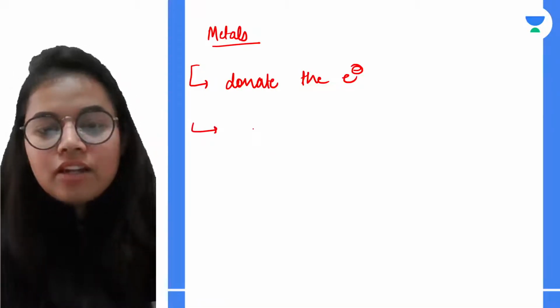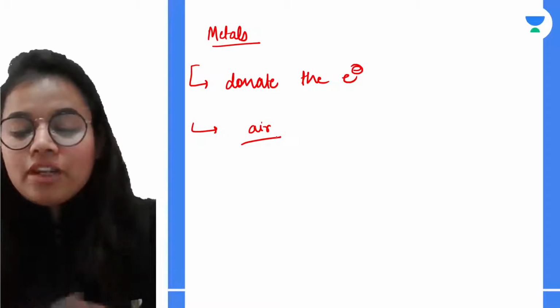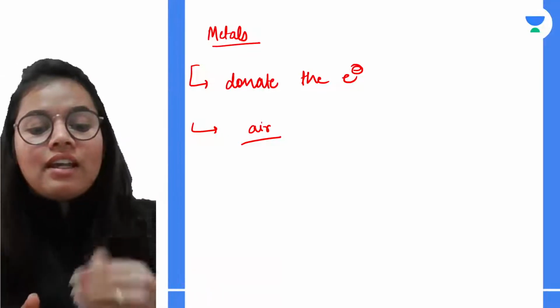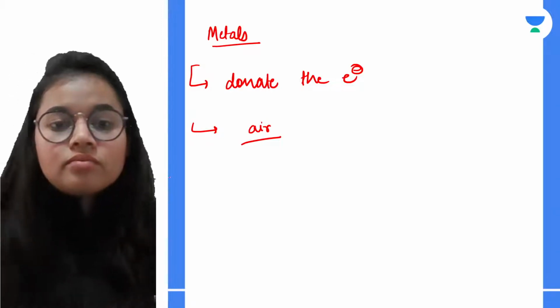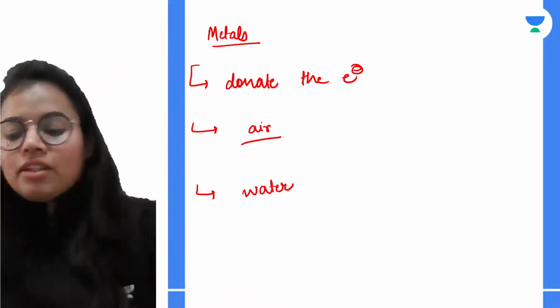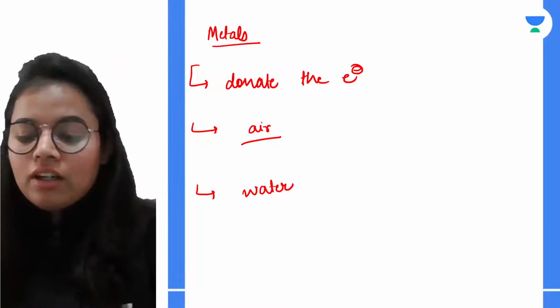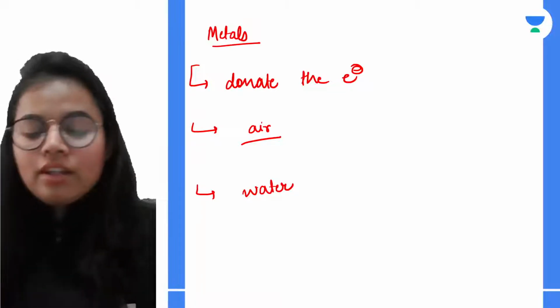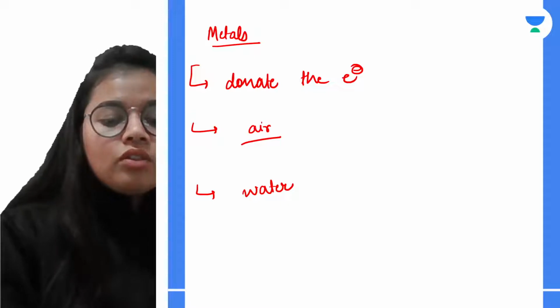When they react with air, for example lithium, sodium, potassium, etc., they react with air and they form their oxide. Talking about the reaction with water, the alkali metals react with water to form their soluble bases, that is alkali. All right, moving on to the next thing.